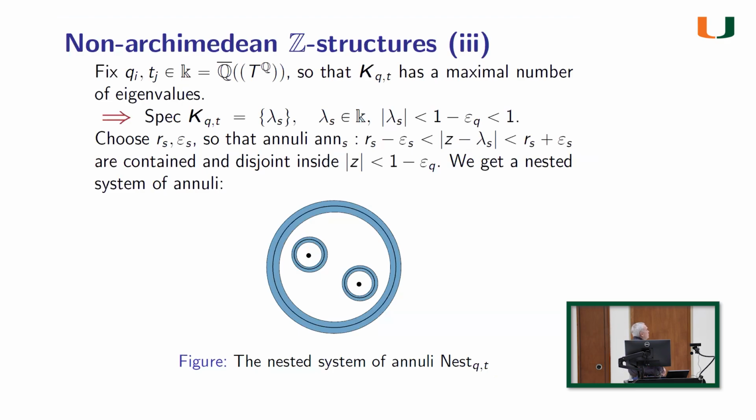And you can choose small radii so that the annuli around the eigenvalues and this big annulus around infinity are nested. They don't intersect. So I'm calling this nested system of annuli nest Q,T.